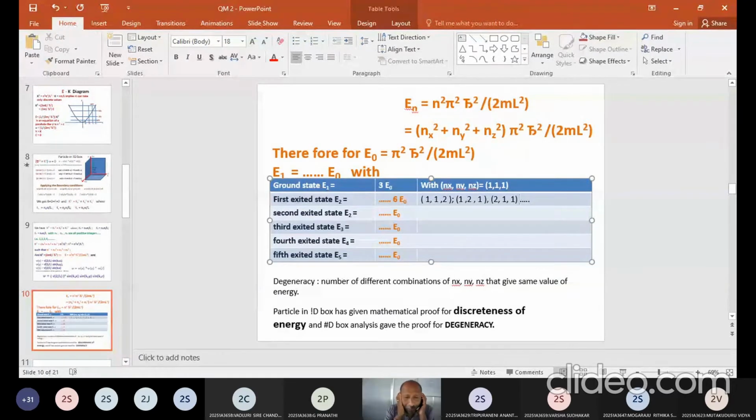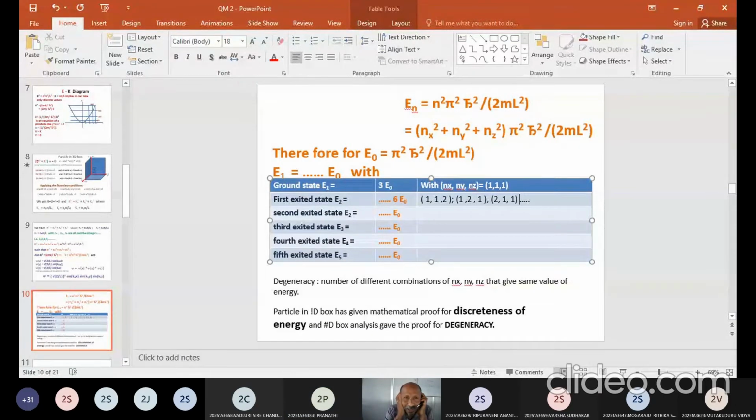What do you call them? You learnt in your intermediate chemistry. There are three different ways of Nx, Ny, and Nz, because of which you will have the same value of energy. Now every combination of Nx, Ny, and Nz will be an energy state.